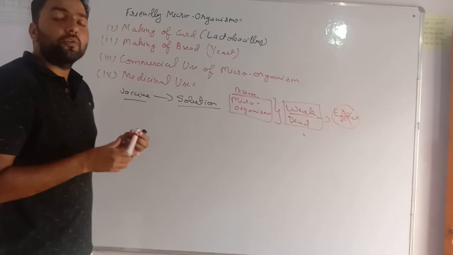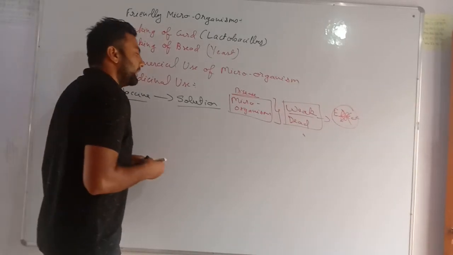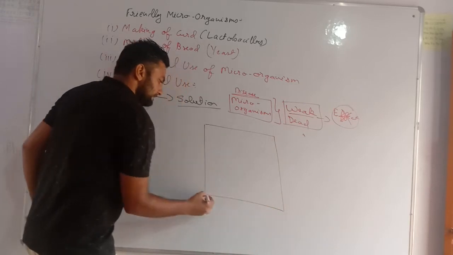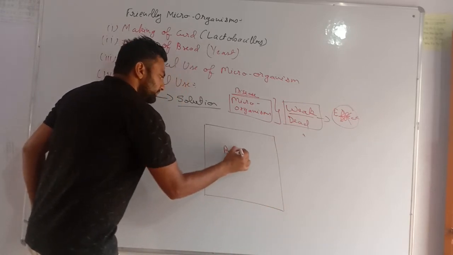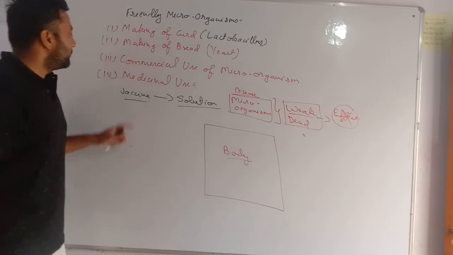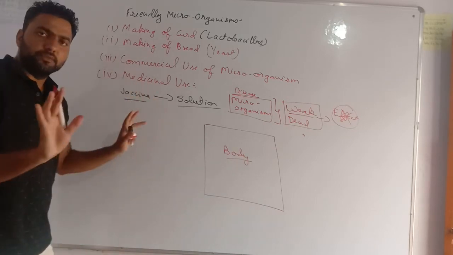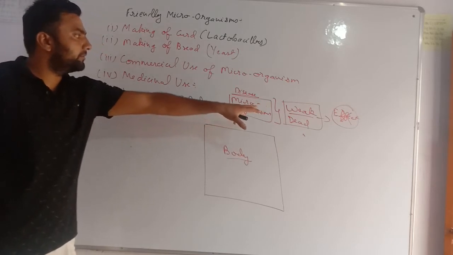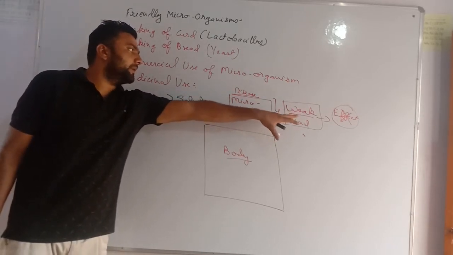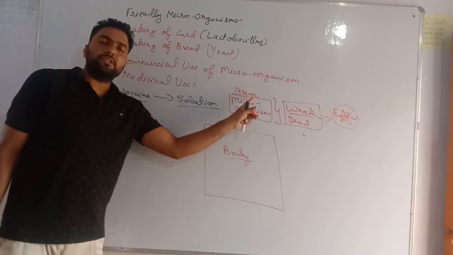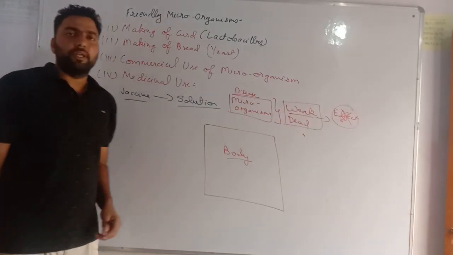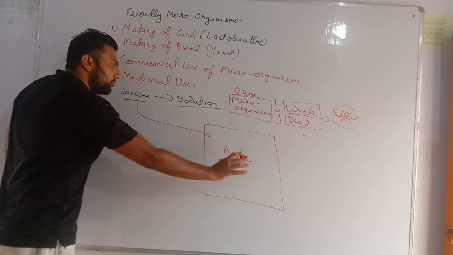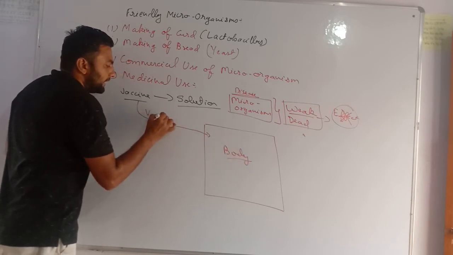Now see the working of a vaccine. This is any human body. A vaccine is a solution which has weak or dead disease causing microorganisms, and they cannot affect my body. The process of putting this vaccine solution into my body is known as vaccination.